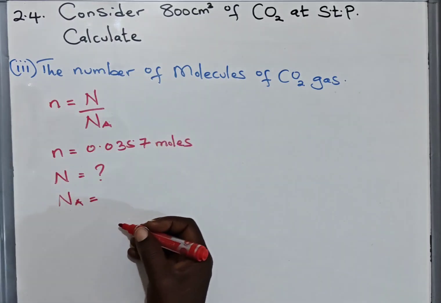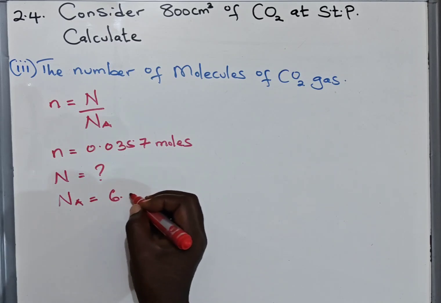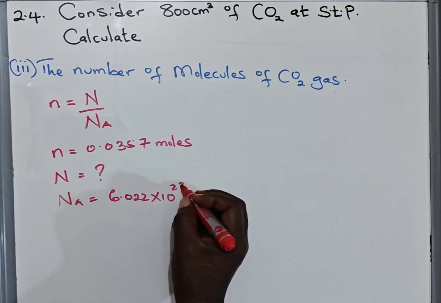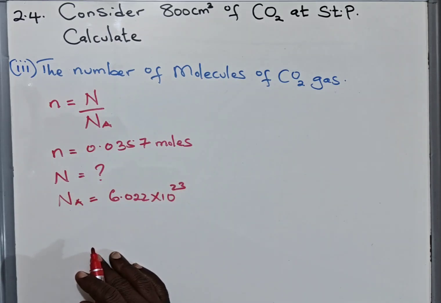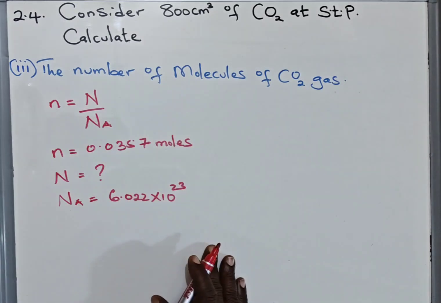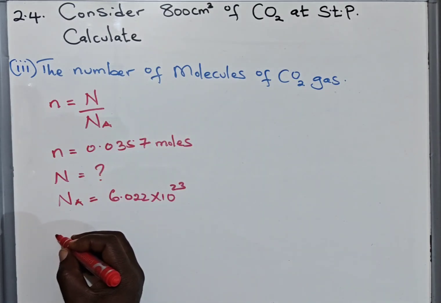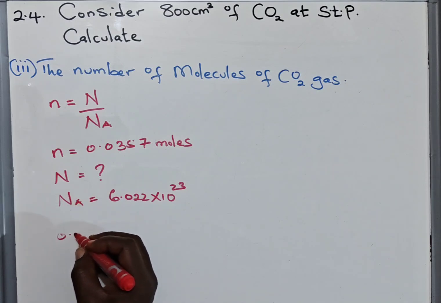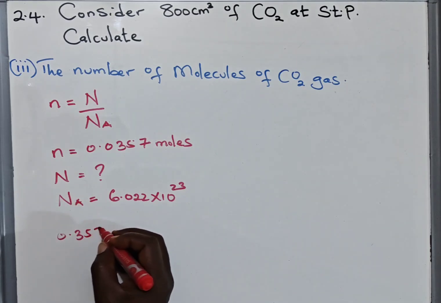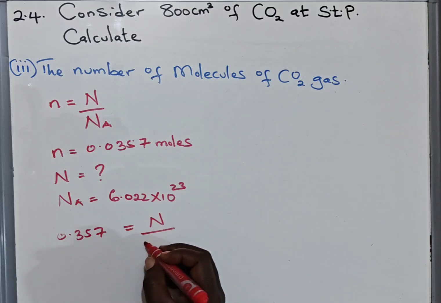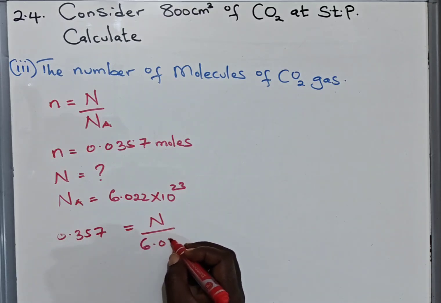Na represents the Avogadro number, and in this case it is 6.022 times 10 power 23. So we do the substitution. What is n? 0.0357. Then we are looking for number of molecules, but we know our Avogadro.